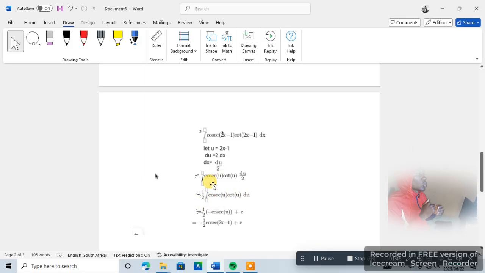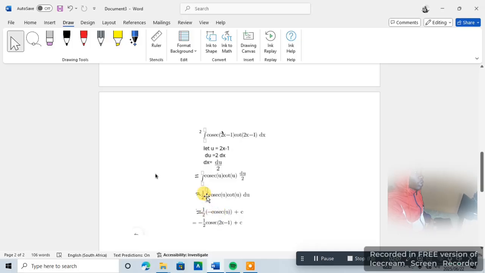So now we are going to integrate, but we know that for this one we have the formula, or the table, that says the integral of cosec of whatever the angle is multiplied by cot of whatever the angle is du is going to give us negative cosec of that particular angle.